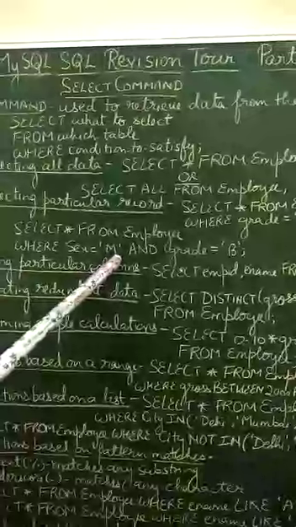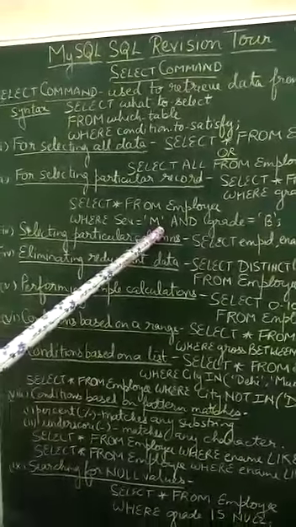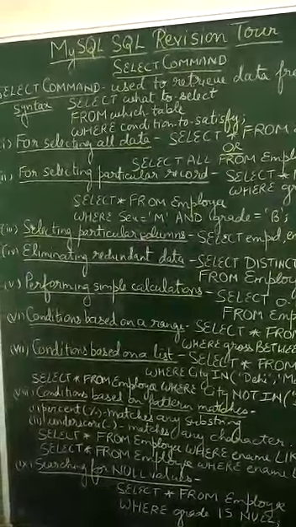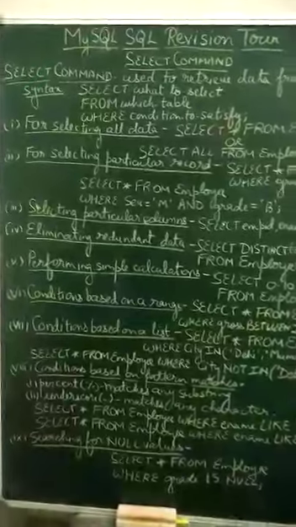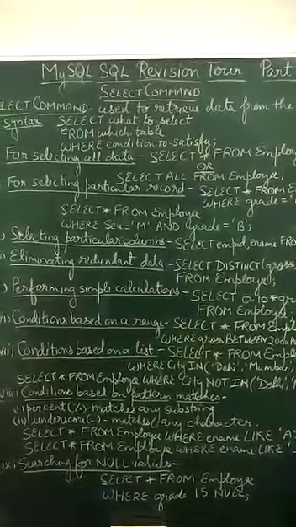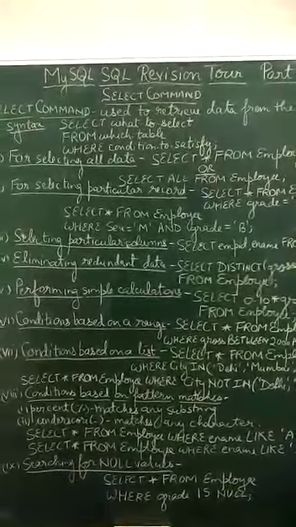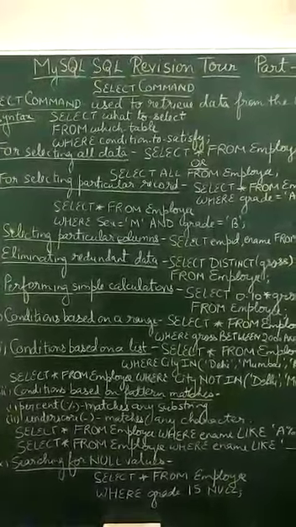Both the values are character values, that's why these are enclosed in single quotes. One more thing to note here, the AND operator is used when both conditions are satisfied, and the OR operator is used when either of the conditions is satisfied.